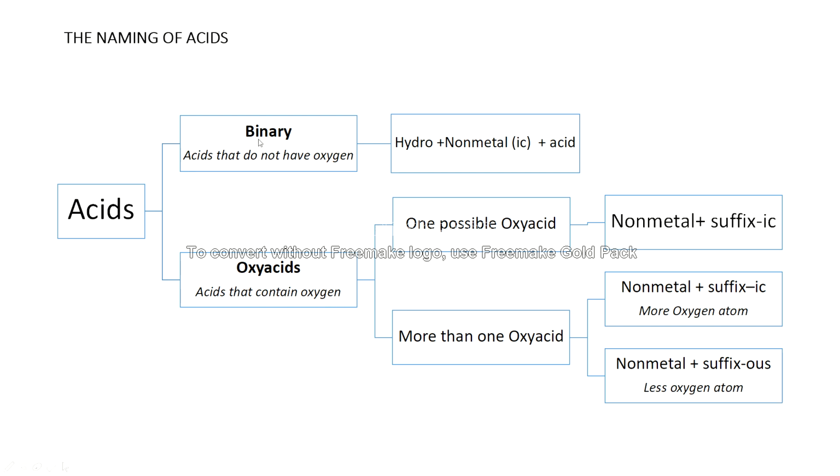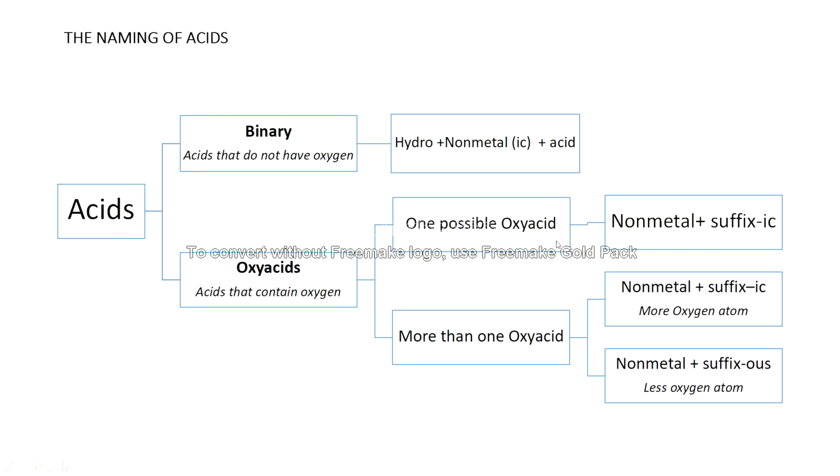In the case of a binary acid, we use the word hydro, the name of the non-metal ending with ic, and then the word acid. I'm going to give you an example of that very soon. For the oxyacids, which are acids that contain oxygen, we need to see whether we only have one possible oxyacid or more than one oxyacid.